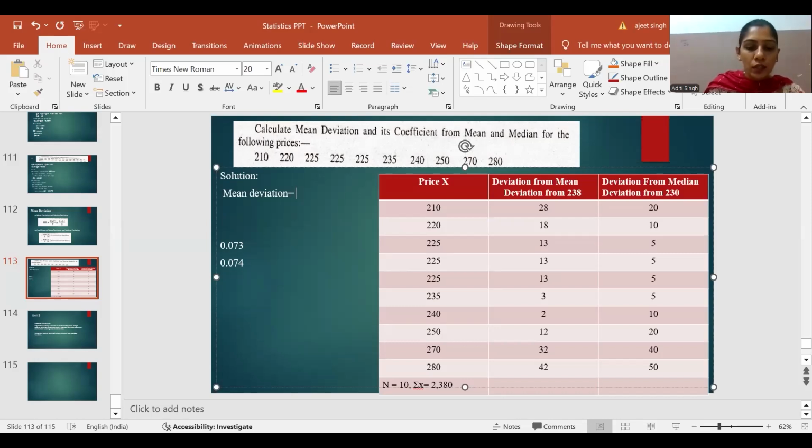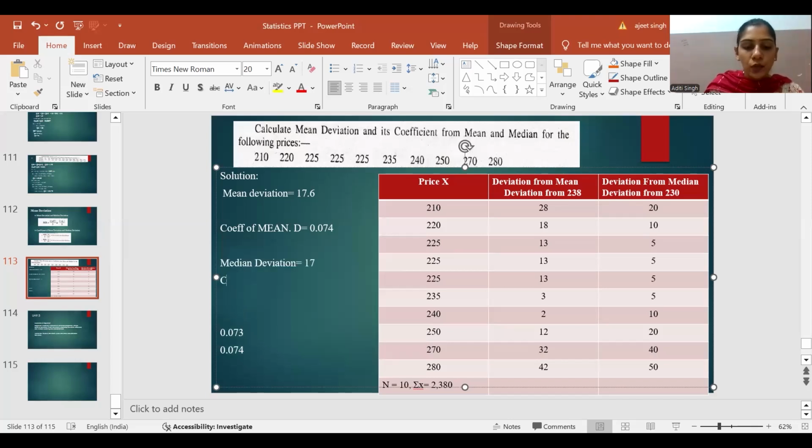The coefficient of mean deviation is equal to 0.074. If we talk about median deviation, then it is equal to 17.